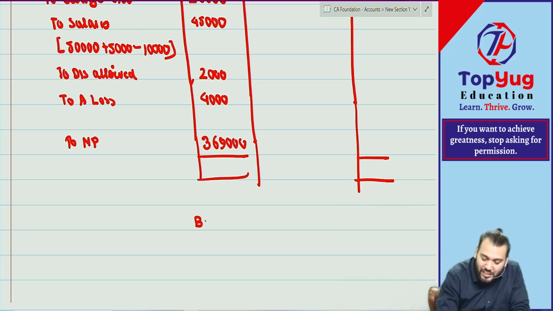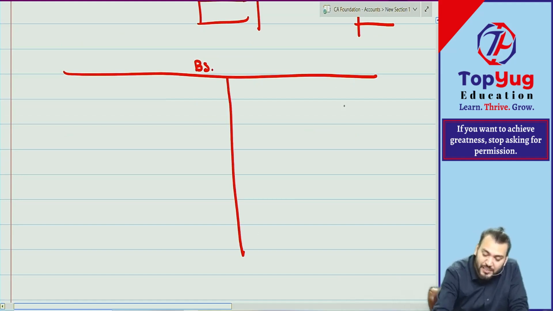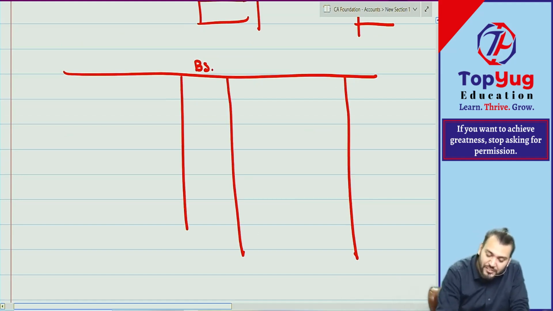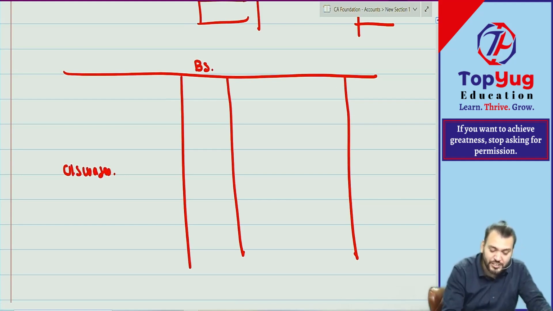Now only for your understanding, if you had prepared the balance sheet, what would have come. There is outstanding wages which will go directly to the liability side of the balance sheet. How much? Outstanding wages and outstanding salary.